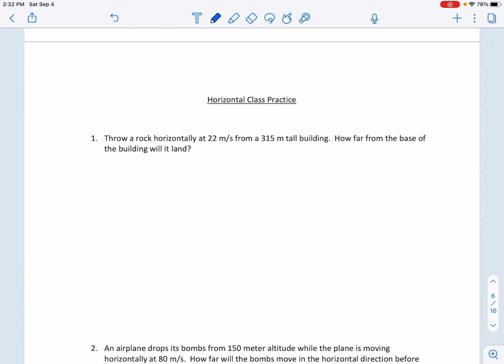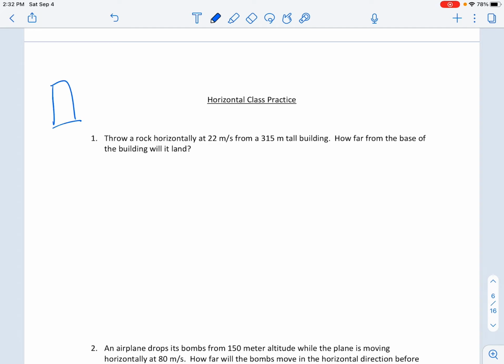And then there are a lot of facts that you're going to need to recall when working through these problems that are going to lead to knowledge for values that go in the math work that maybe aren't clearly stated in the question, but because of the situation, you should know some of the values that need to go in your problem. So we have a rock and it's being thrown horizontally from the top of a building.